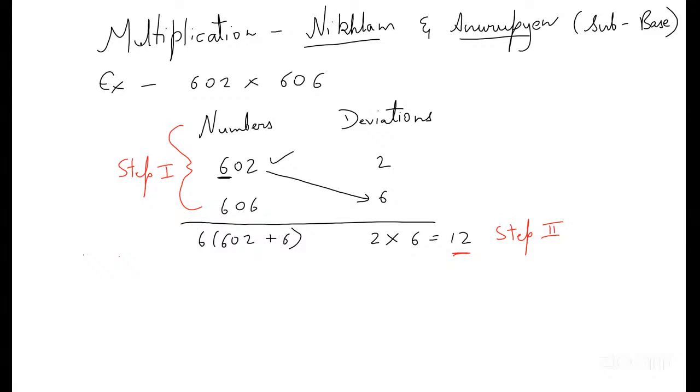This digit we will multiply, and this digit we will add. So it becomes 602 plus 6; first we add. 608 multiplied by 6. How much? 3648. This is step 3.